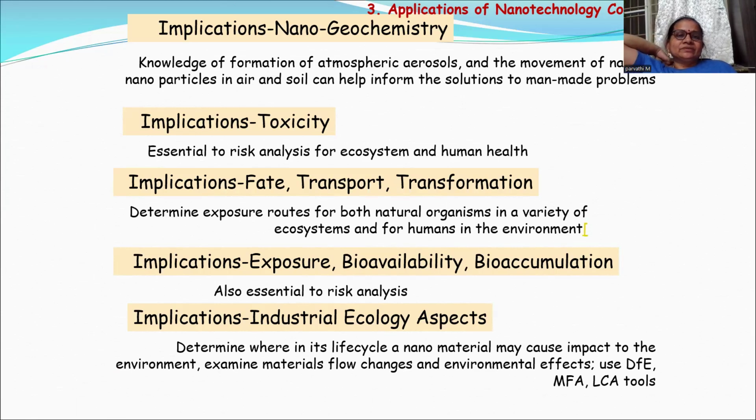Similarly, implications of toxicity, essential to risk analysis for ecosystem and human health, and implications of exposure, bioavailability, bioaccumulation, and implications of industrial ecology aspects. All these are made possible because of the nano structure levels and the vast applications of nanomaterials. So these are various advantages we can observe.